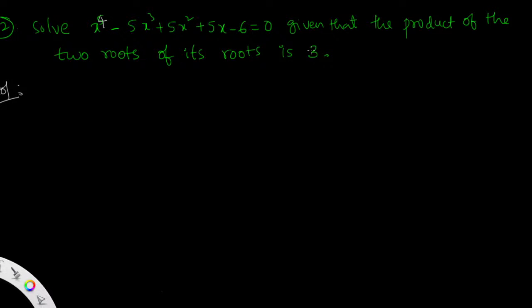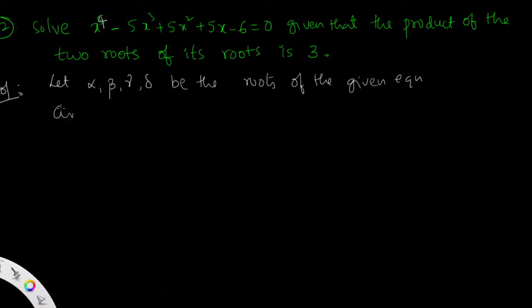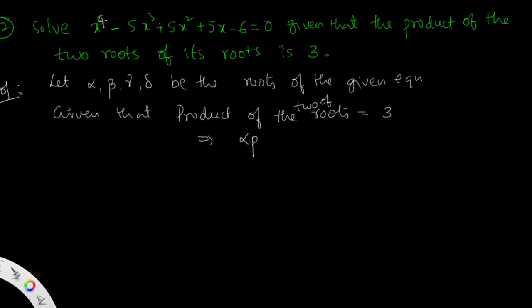Let alpha, beta, gamma, delta be the roots of the given equation, since it is a fourth degree equation with 4 roots. It is given that the product of two of the roots is 3, that implies alpha beta equal to 3.